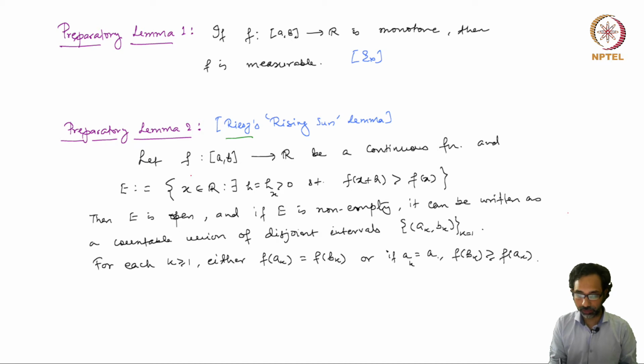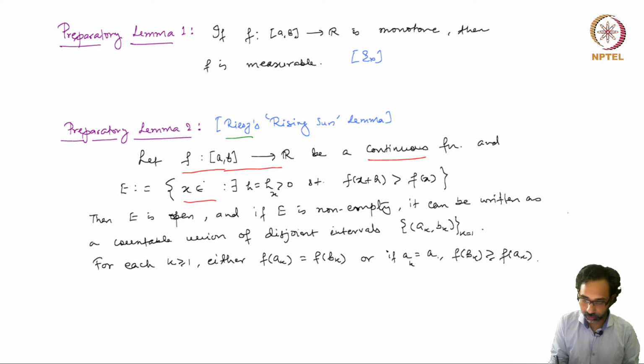It says that if f is a real valued function from a compact interval [a, b] to R which is continuous, then define E to be the set of points x in [a, b] such that there exists a strictly positive number h, depending on x, h_x, such that f(x + h) is strictly greater than f(x), meaning that the value that f takes at x is strictly lower than the value that f takes at a point strictly to the right of x.